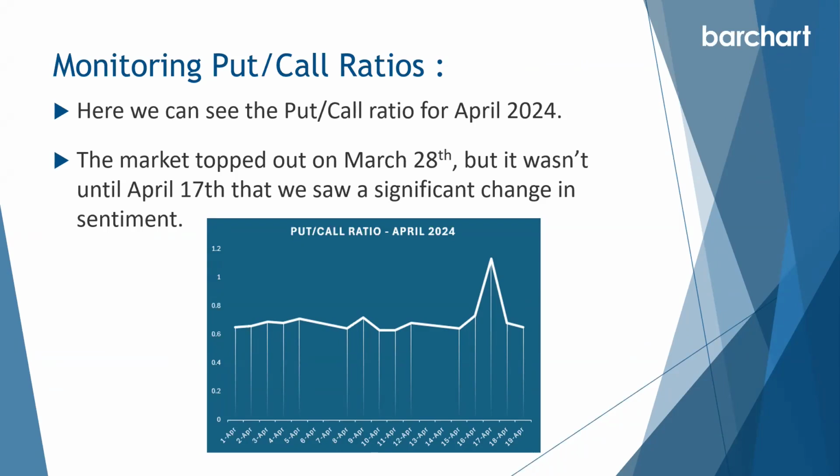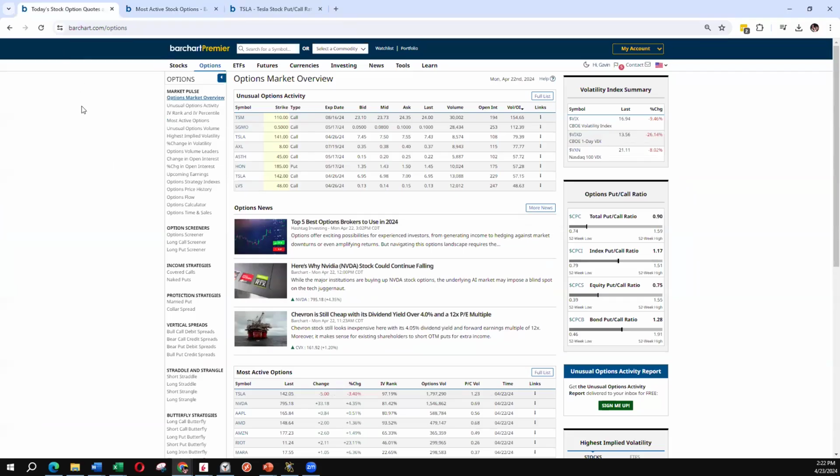Let's jump over to barchart.com and have a look at a couple of different places where we can monitor put-call ratios. So the first one is on the main option screen, just barchart.com/options. And we can see over here, we've got our put-call ratios for the main equities and indexes. So total would be indexes and equities.